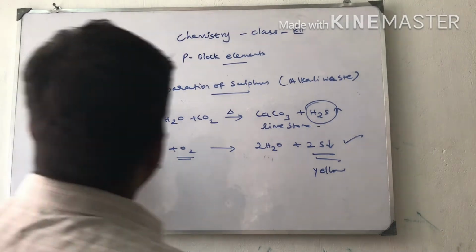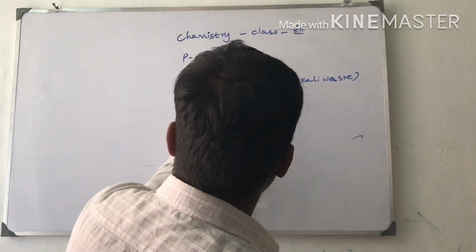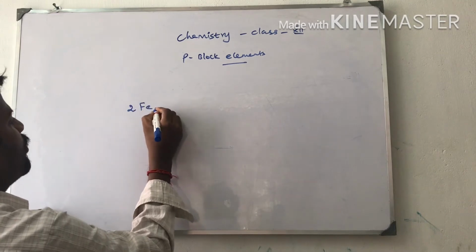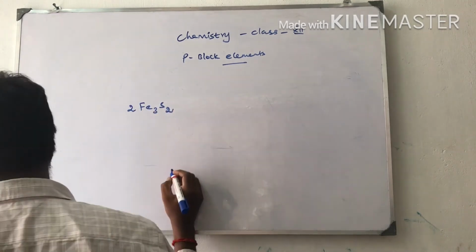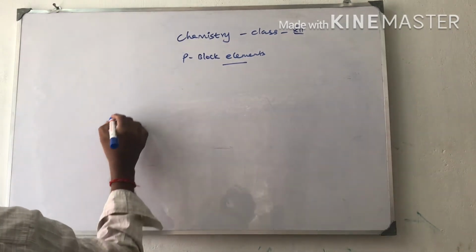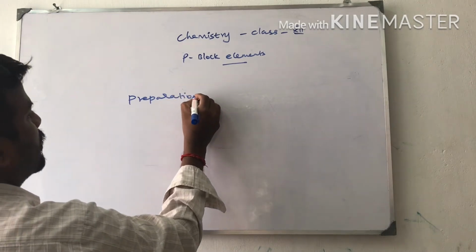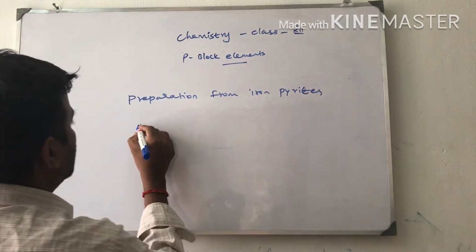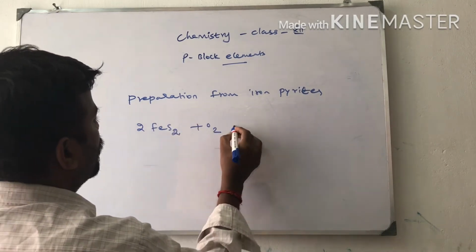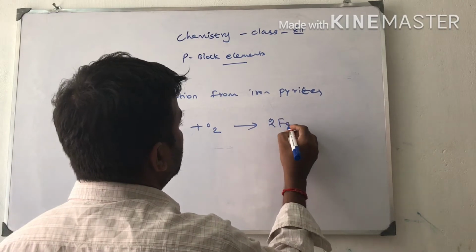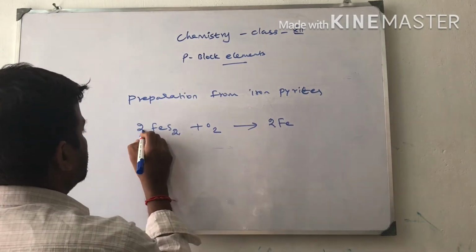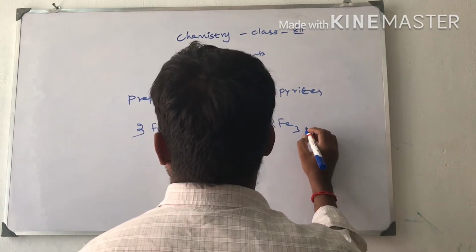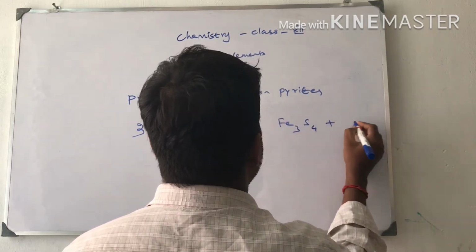Next method is the sulfur extracted from iron sulfide, lead sulfide and spin oxide, preparation from iron pyrites. 3FeS2 reacts with O2, it will give Fe3S4 plus 2S.